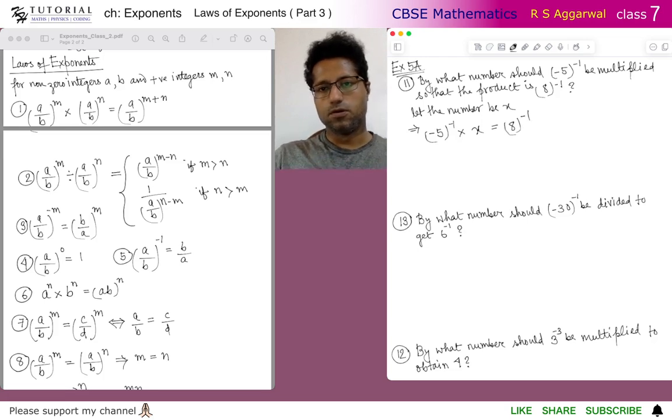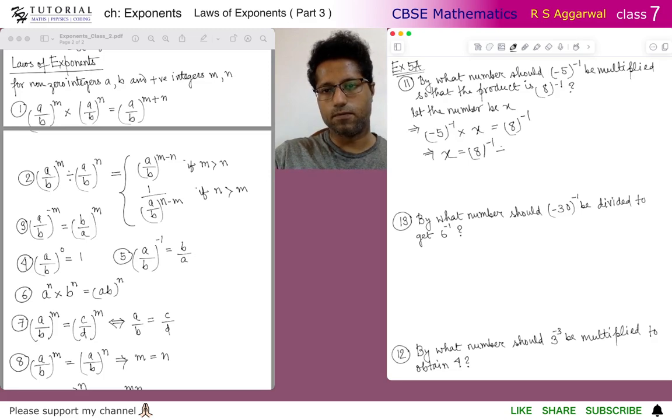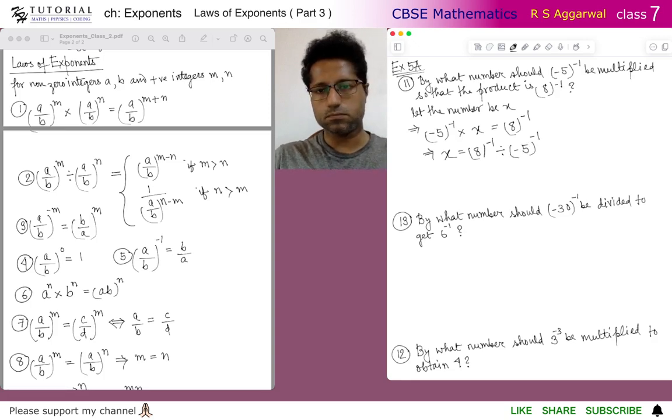So this is now the mathematical statement, puzzle statement, that we have translated from the given word problem. Now we have to solve for x from this equation, and we know that x will be equal to 8 to the power minus 1 divided by minus 5 raised to the power minus 1.